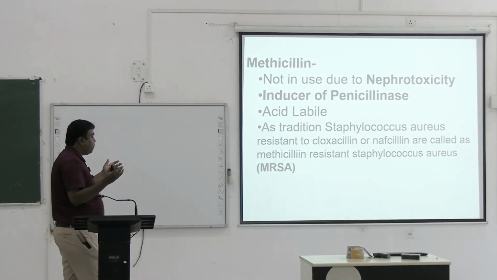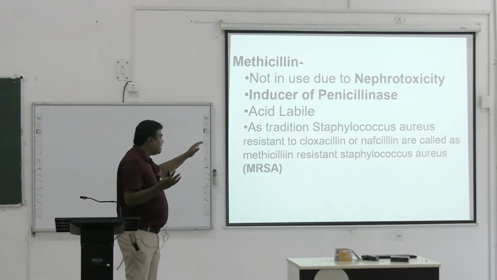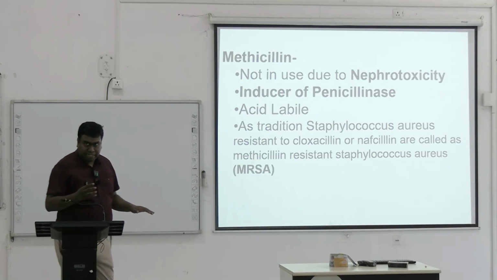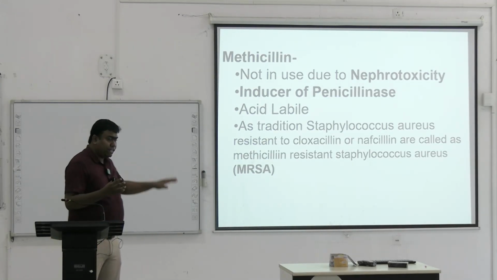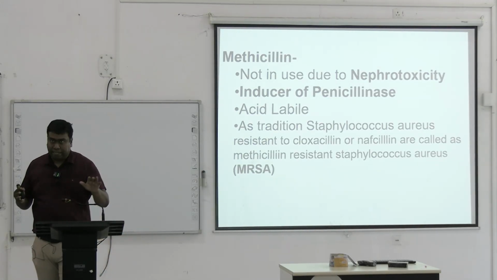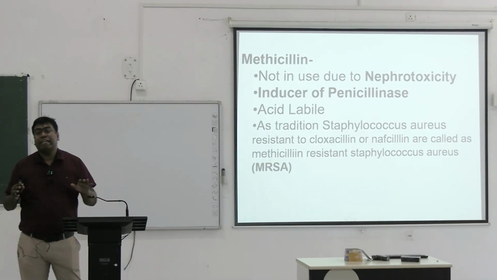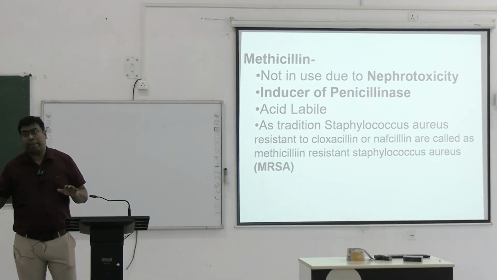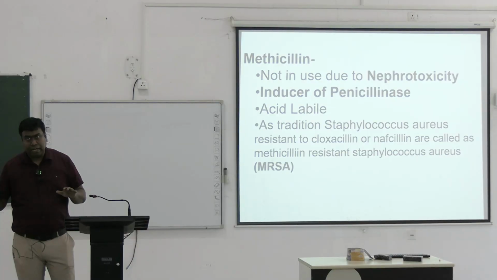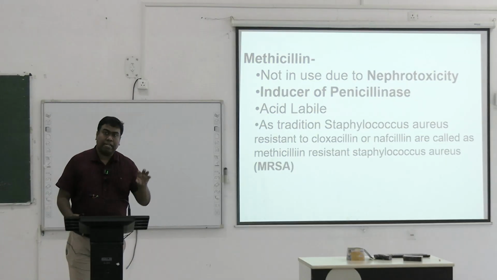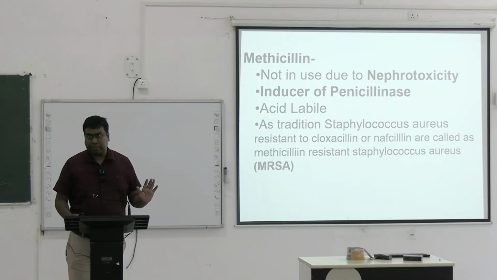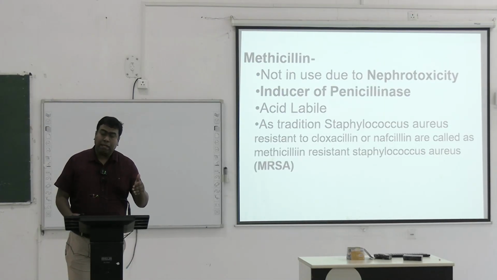Now if an organism is resistant to cloxacillin or Nafcillin, then we can say it is resistant to methicillin also. Clear? Methicillin is clinically not used due to its nephrotoxicity, even for a penicillinase producing organism.